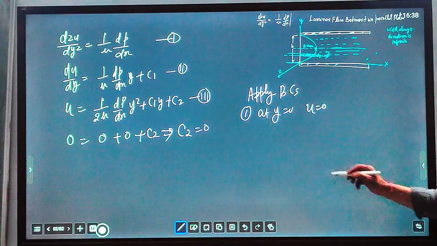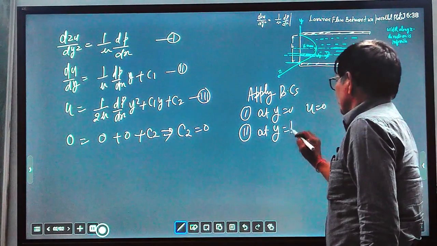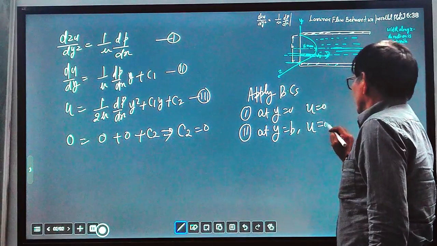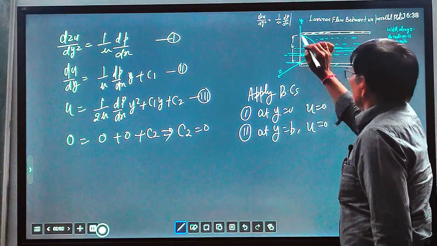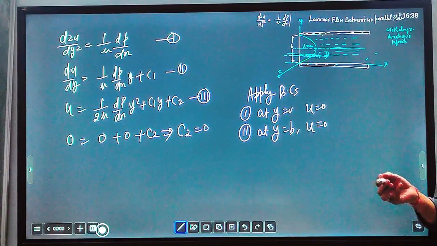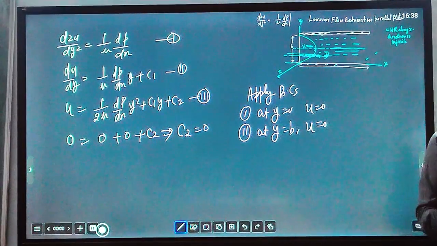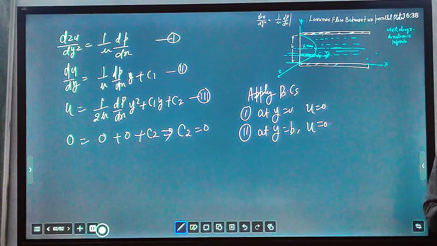Now applying the second boundary condition, at y equal to b, again u equal to 0. When the flow is in touch with the surface of the plate, the velocity becomes 0 because of the no-slip condition.